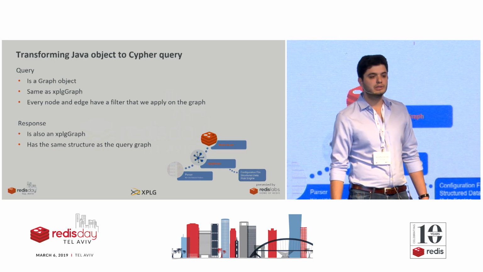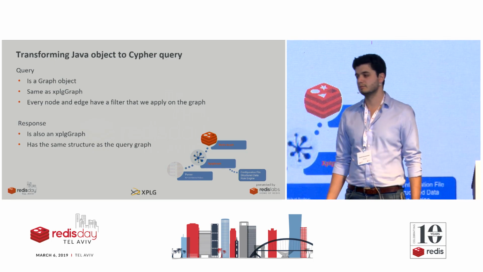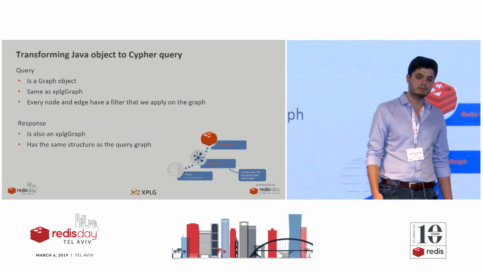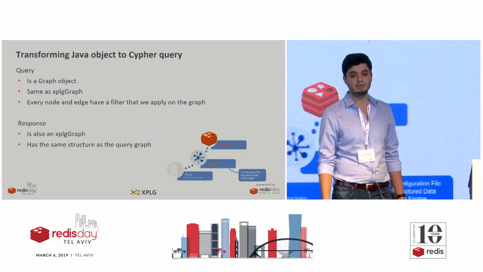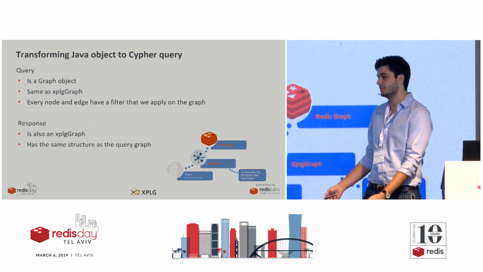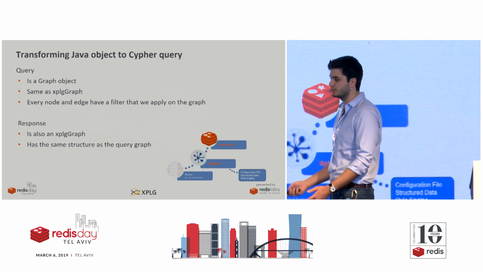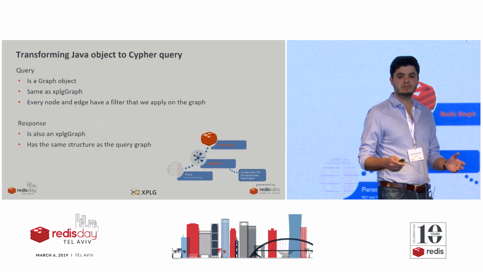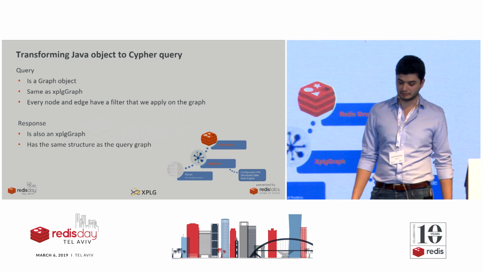Our backend is written mainly in Java, but like Roy said, Redis graph is communicated with using the Cypher query language. Cypher is a graph database query language, like we have SQL. We need to convert every Java object into Cypher and back.